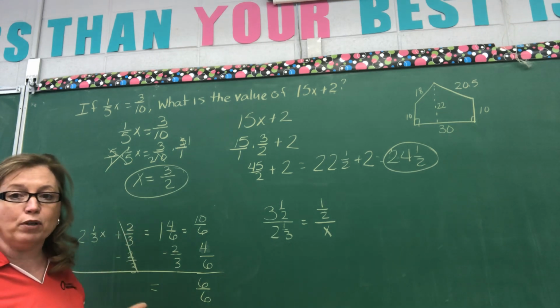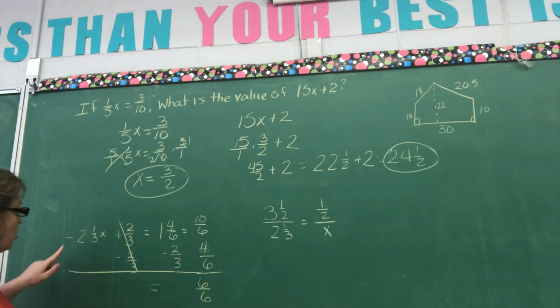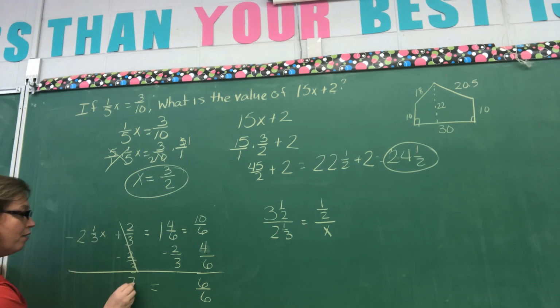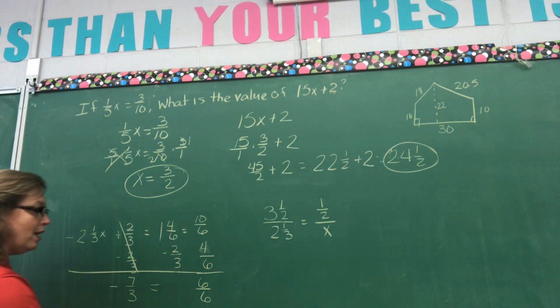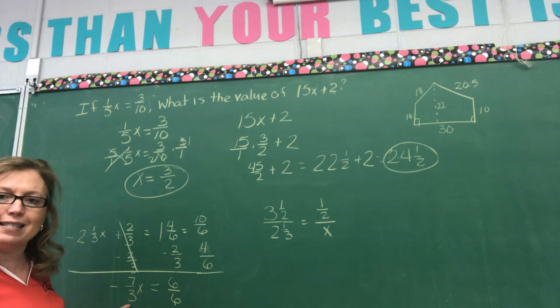On the other side of my equation, all I have left is my negative 2 1/3 x, which I'm going to change to an improper fraction. So I'm going to say 2 times 3 plus 1, and I have 7/3. Of course, remember, it's negative. So now I have negative 7/3 x equals 6 over 6. I need to get rid of my negative 7/3.